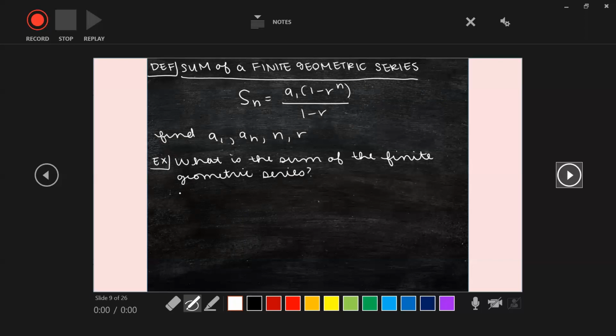You are given 3 plus 6 plus 12 plus 24 plus a bunch of stuff plus 3072. On your own paper, I want you to try to find a sub 1, r, a sub n, whatever you think you can find. I'm going to speed this up.